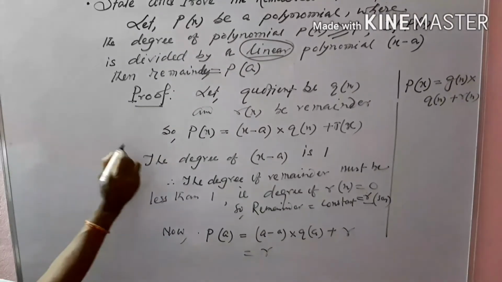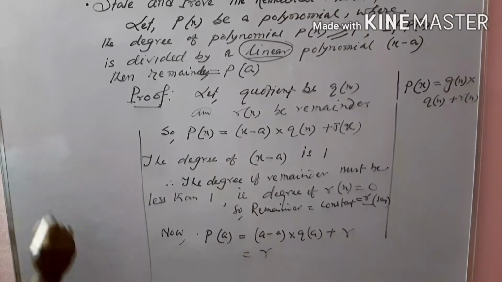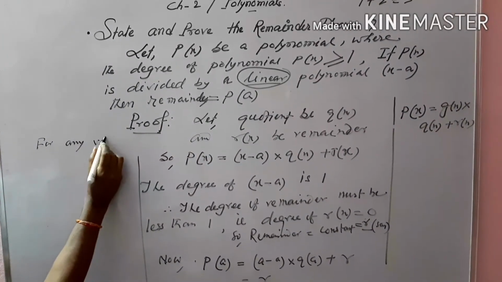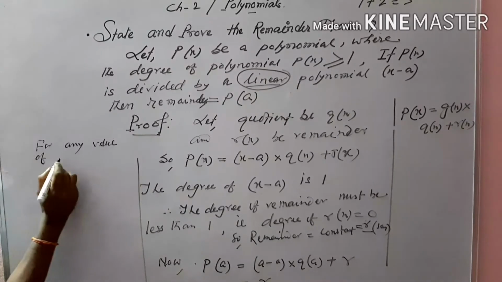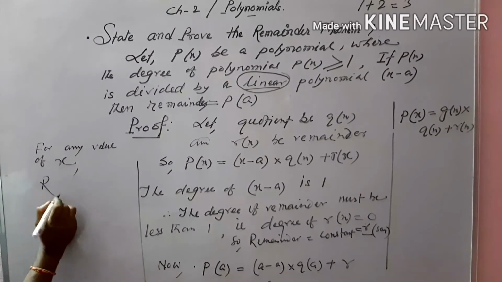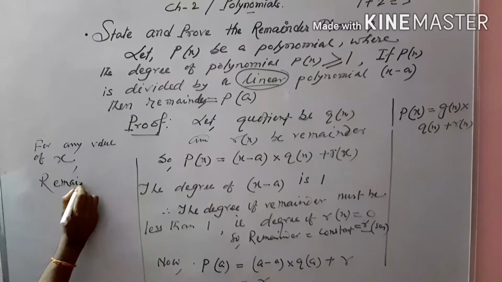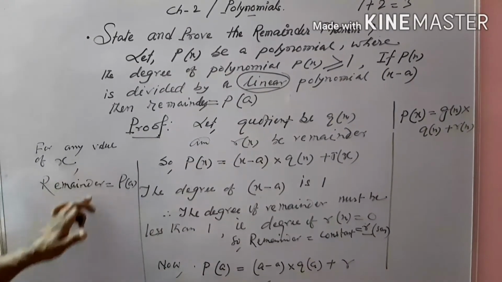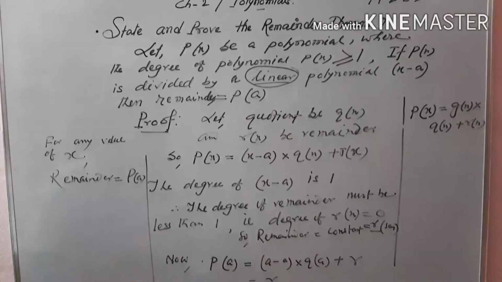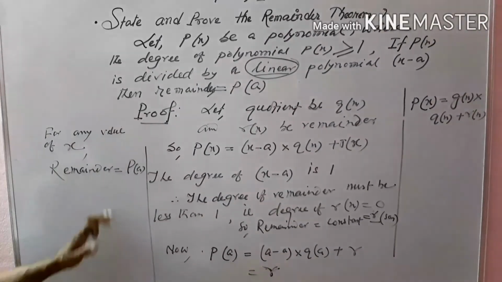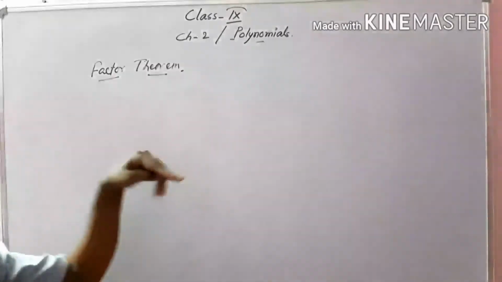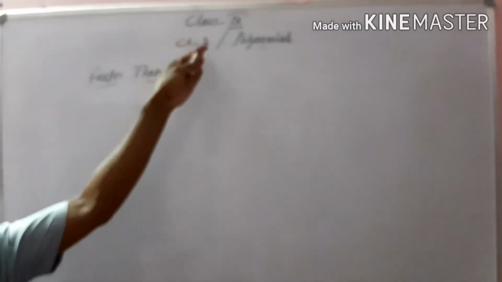So for any value of x, remainder equal to P(a). For any value of x, remainder is P(a). Okay? I think each and everyone is clear about the proof. Okay guys, how to prove the remainder theorem and what is the statement, it's clear.